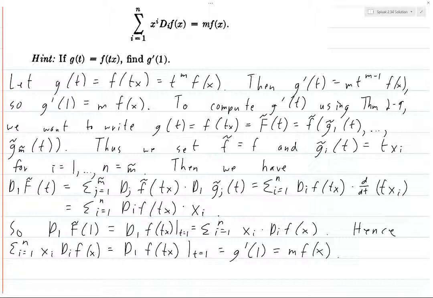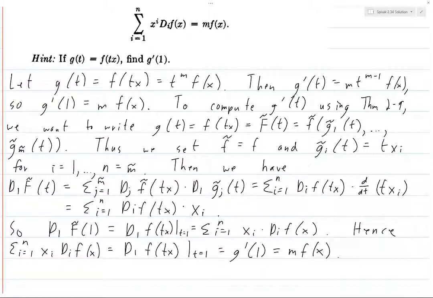And so we took the function f of tx, and we computed the derivative of f of tx with respect to t, and evaluated it at 1. And we did this in two different ways, and got two different formulas. And so those formulas must be the same, and that ends up being this formula that we were looking for.